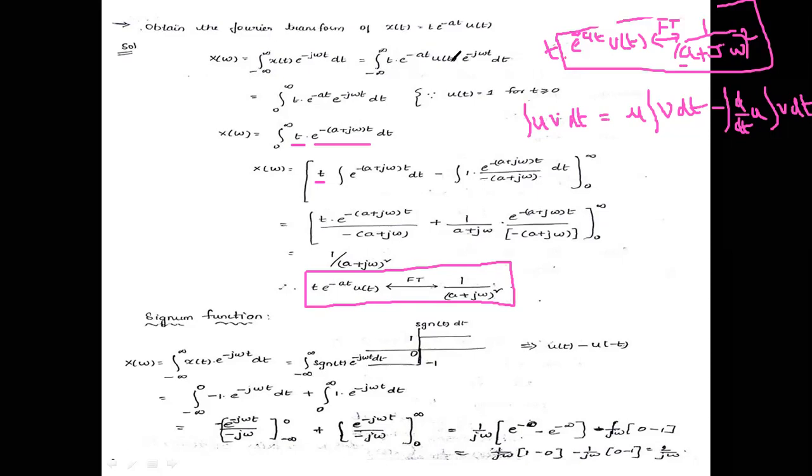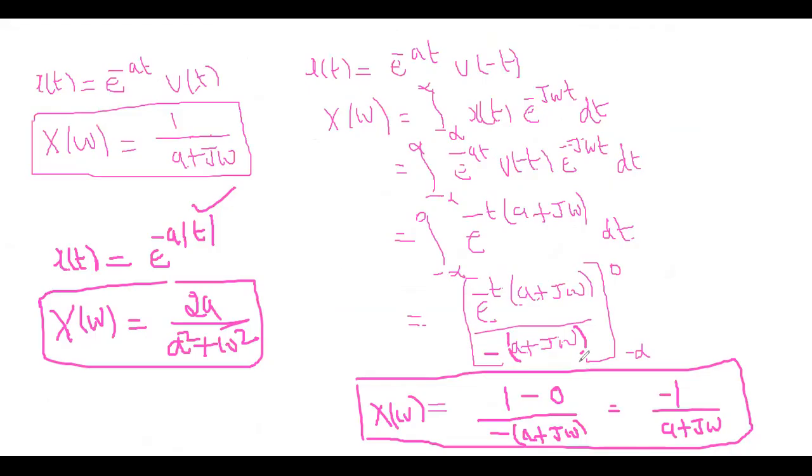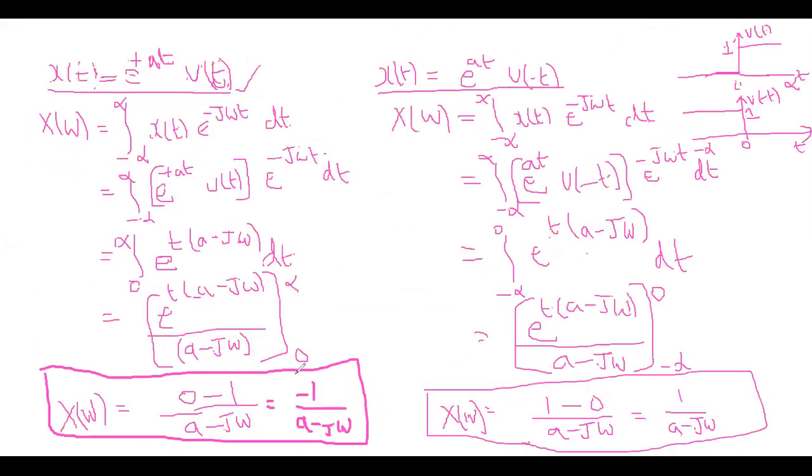With this concept, now tell me, what is the Fourier transformation of t into e power at mu of t? Understood, my dear students?